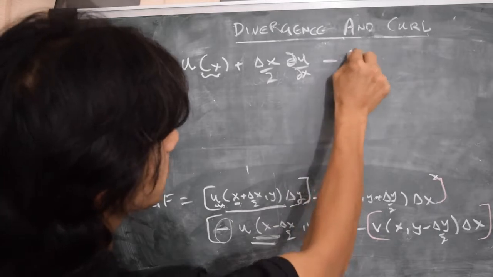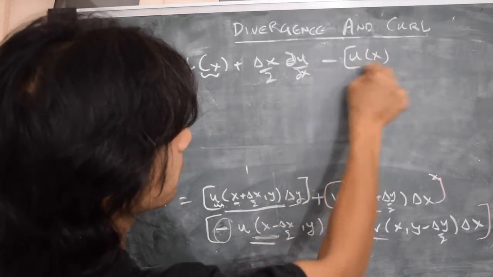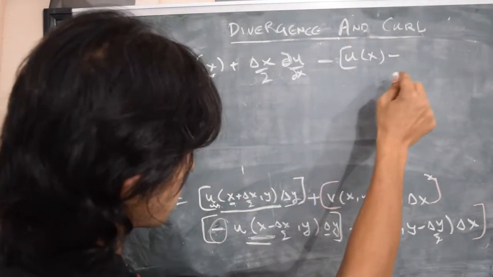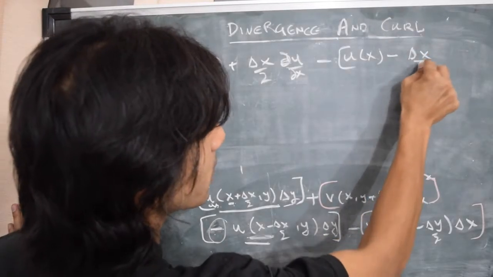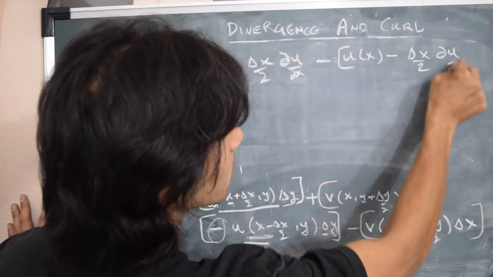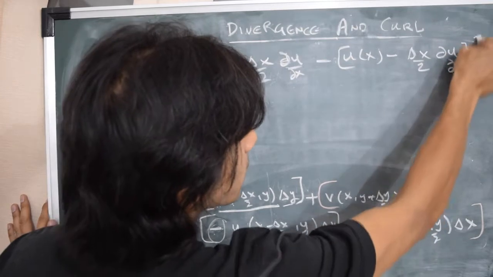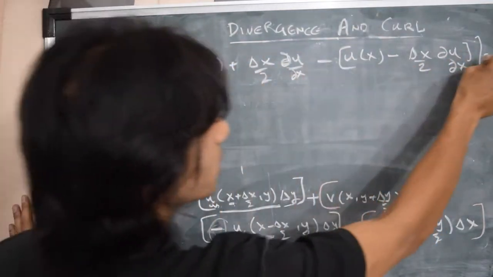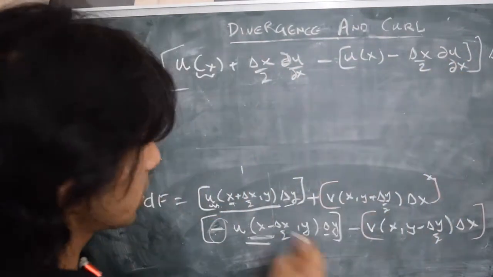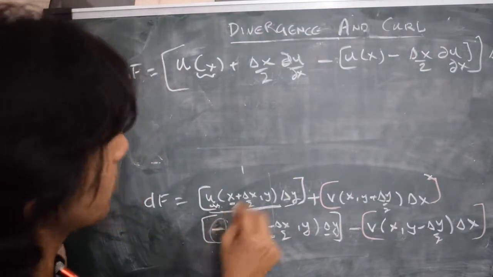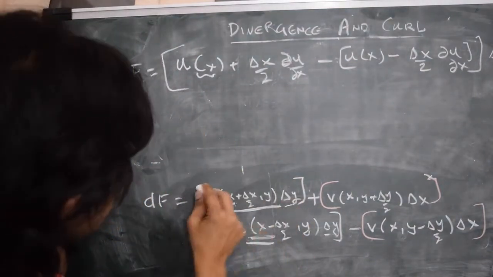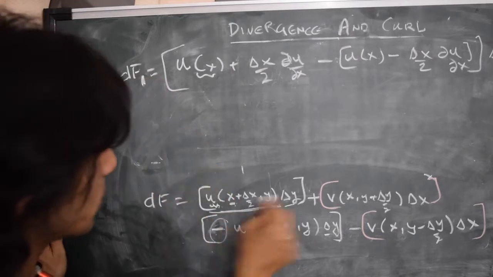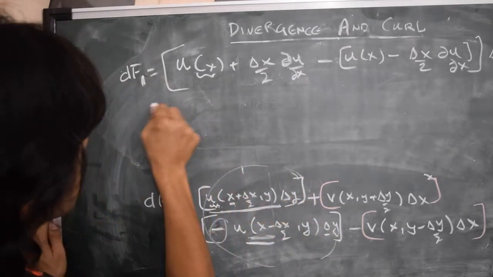So we'll have minus u(x) minus delta x by 2 du/dx, and this whole expression is multiplied with delta y. So this is just considering these 2 terms to begin with. Let me just call this df1, which is coming from a combination of these 2 terms.